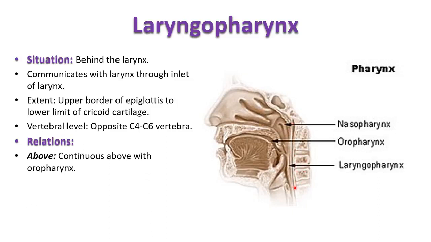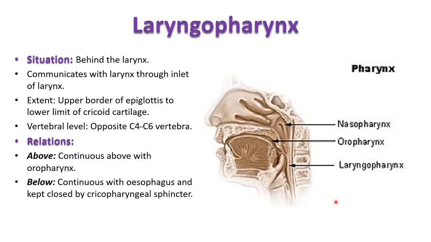Anteriorly, as I told you, there are the larynx, the inlet of the larynx and the posterior wall of the larynx. Above, it is continuous with the oropharynx, and below it is continuous with the esophagus, but always kept closed by the upper esophageal sphincter or the cricopharyngeal sphincter.